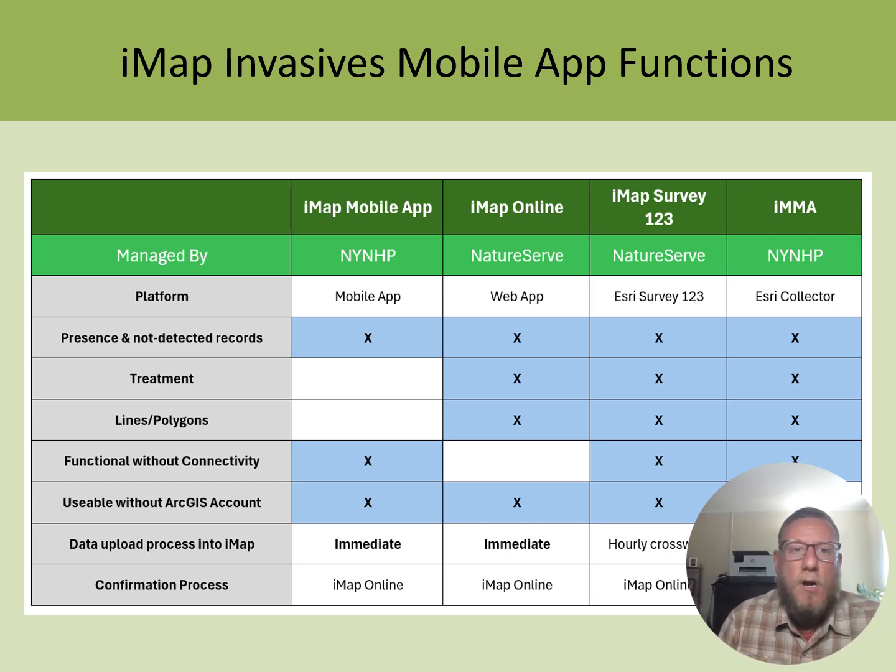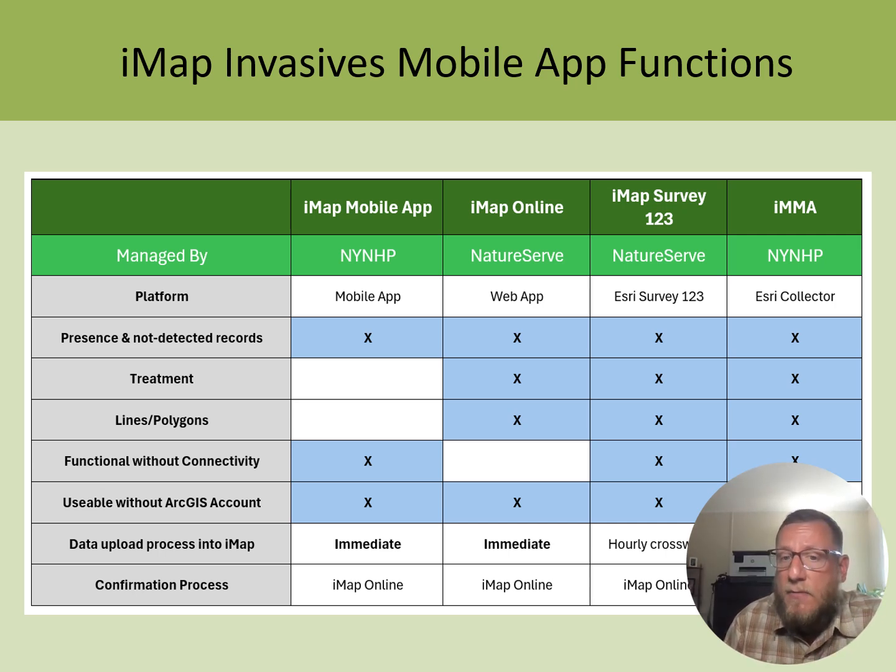So this is just kind of a review of the different mobile apps for iMap Invasives, and then their functionality on the left-hand side there in the shaded gray. So there's a couple different mobile apps available. In the dark green, you see iMap Invasives mobile app, and then next to that, iMap Online. I'm sorry, so these aren't all mobile apps.